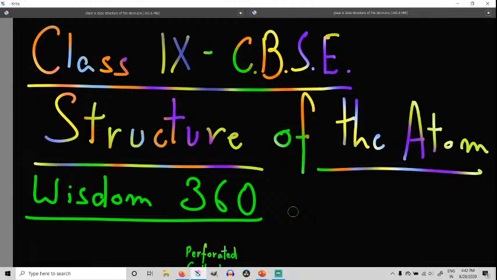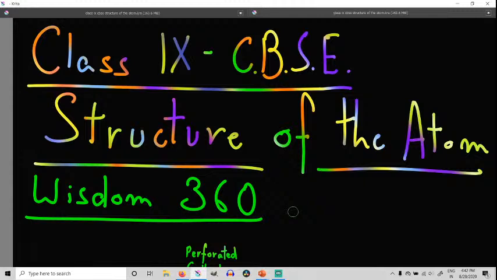Can anybody tell me who has discovered the proton? You know that protons were discovered by Goldstein, because the existence of a positively charged particle in an atom was first shown by Goldstein in 1886.